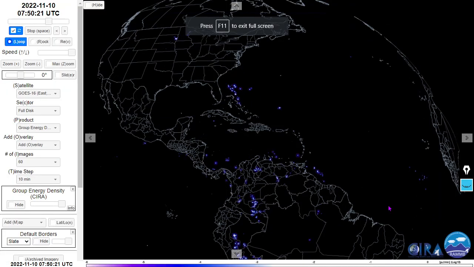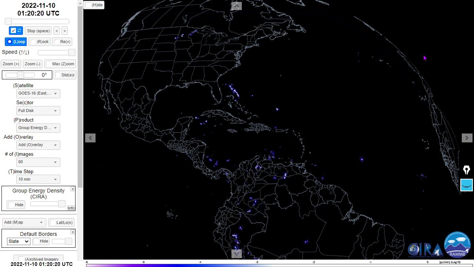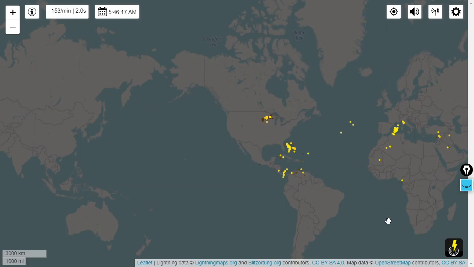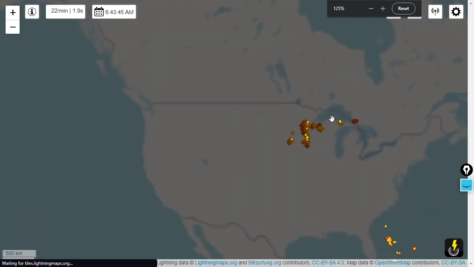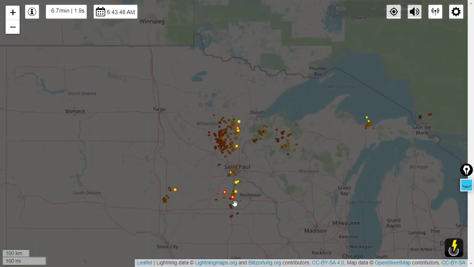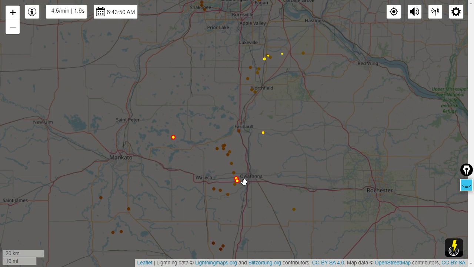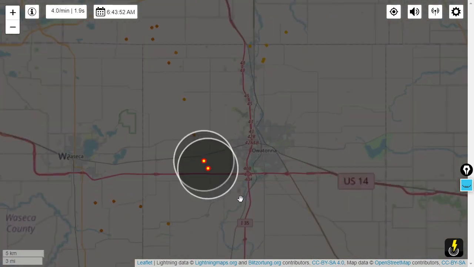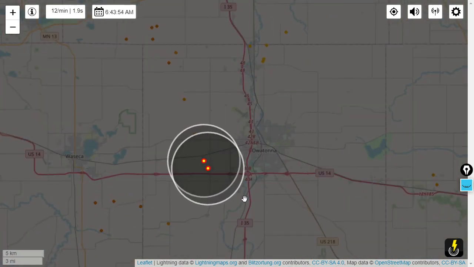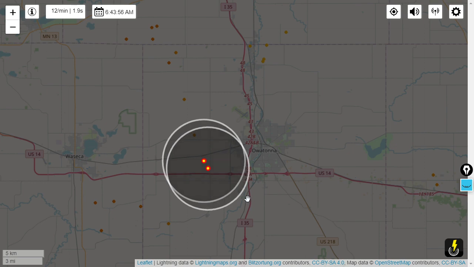Continuing on, here's our NASA GOES lightning mapper, and we do indeed have some lightning over portions of the north central U.S. Let's see if we have any current terrestrial strikes on our real-time lightning map from lightningmaps.org. And we do indeed have some thunder and lightning south of St. Paul. Hey, Owatonna.